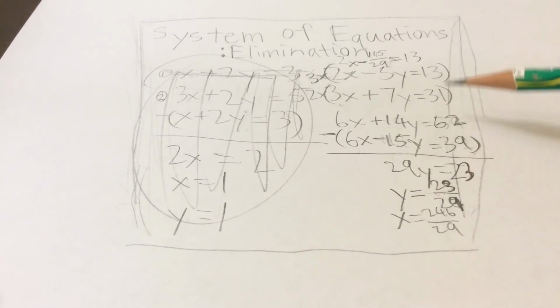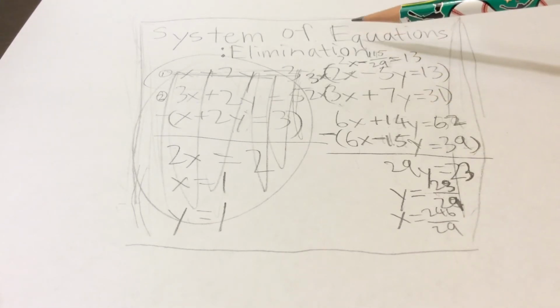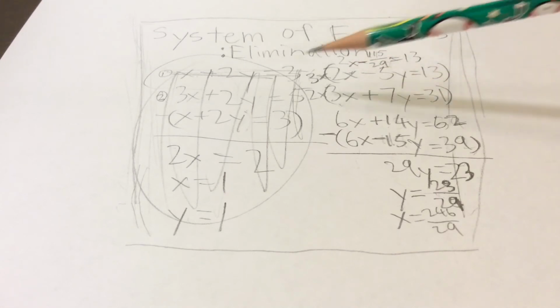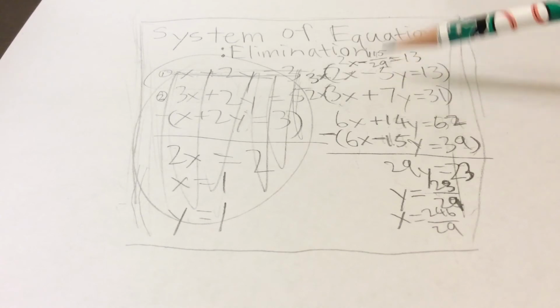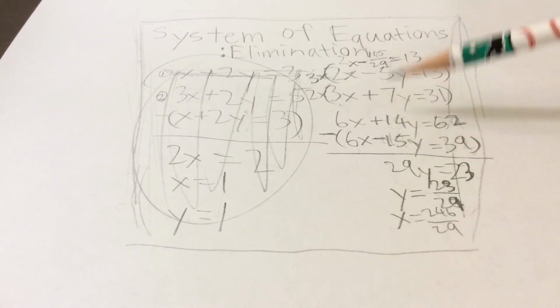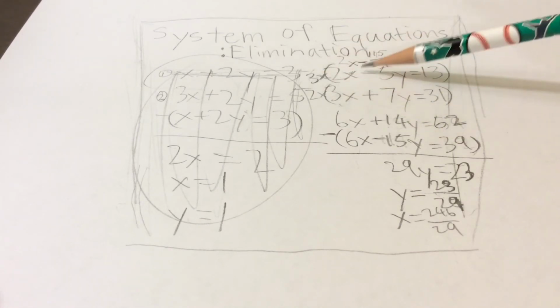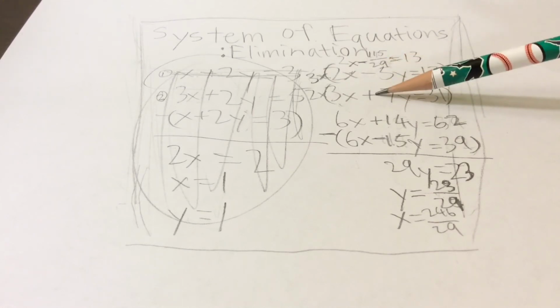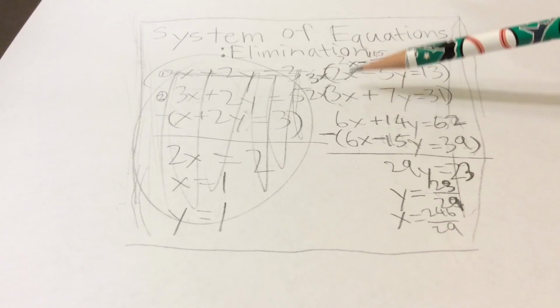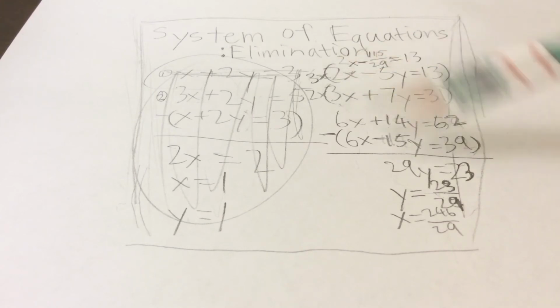So all you have to do to solve a system of equations by elimination is first try to find a variable that you can cancel by adding or subtracting. If you can't, multiply the two equations by something that will make a variable be the same to cancel each other out.